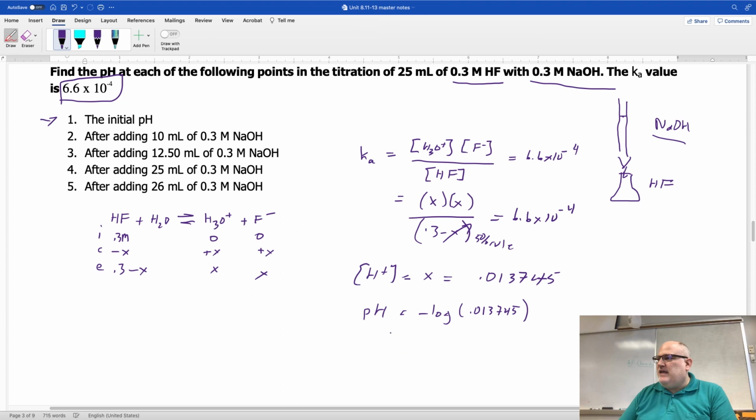The reality is that if I wasn't, I would cut it off to maybe 3 significant figures or 2 significant figures, because I know that ultimately, since I use 6.6, my answer can only have 2 significant figures. But when I do this, my pH is going to end up being equal to 1.86, which is a pretty low pH. And I would invite you to look at the graph at the end of this to see how we got this 1.86 in there.